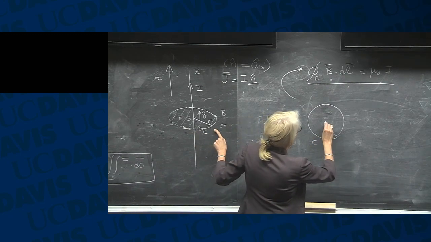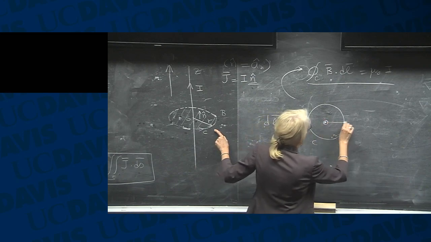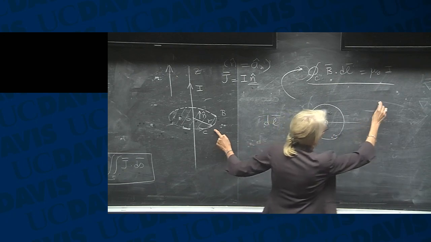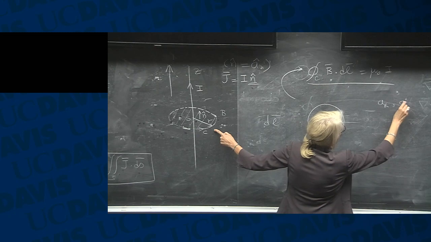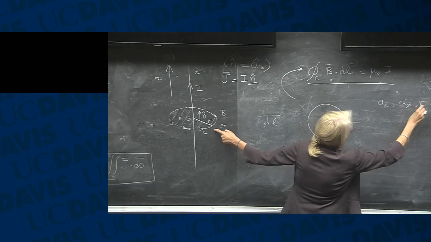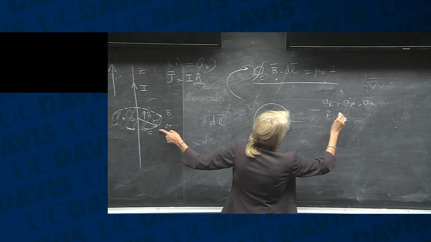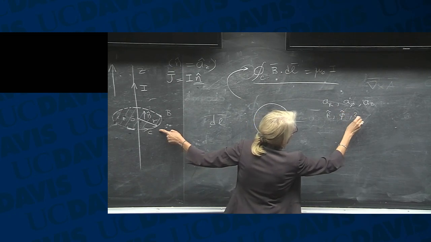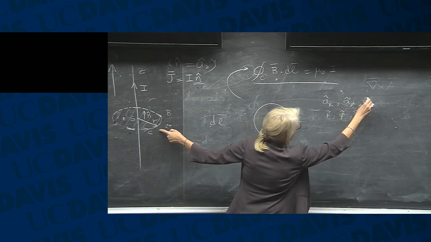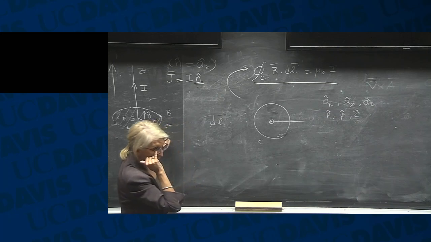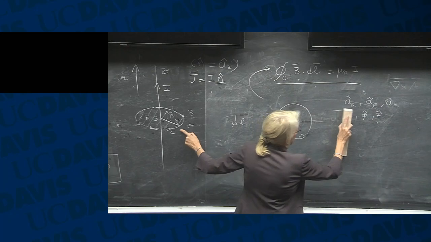Now, this one is Z. And on this one, in cylindrical coordinates, we have a sub r, a sub phi, and a sub z. Sometimes you will see it as r, phi, and z, just for those who have seen that. I'm not using those. I'm using these. That's how it is defined in a positive cylindrical coordinate system.